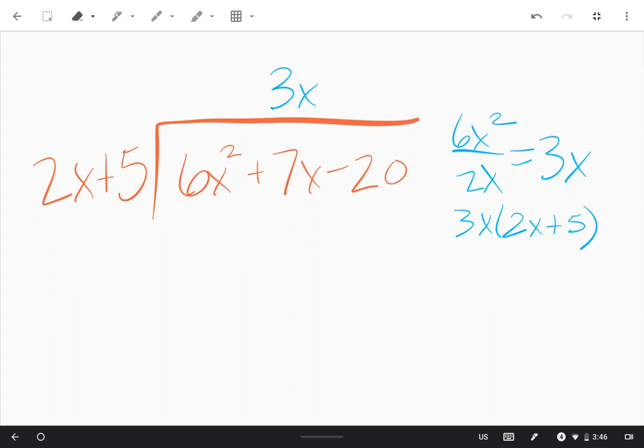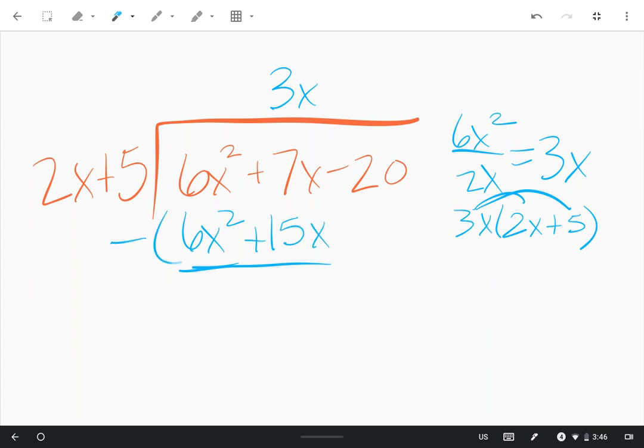3x times 2x is 6x squared, and if these are the same, that's good. That means you did it right. 3x times 5 is 15x. Now I'm going to subtract.